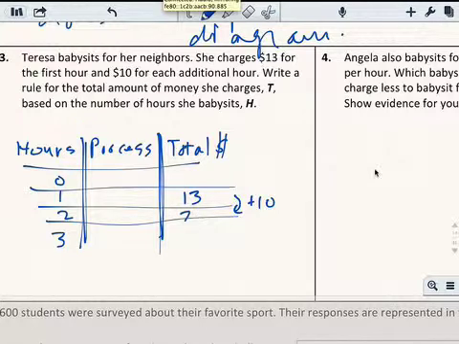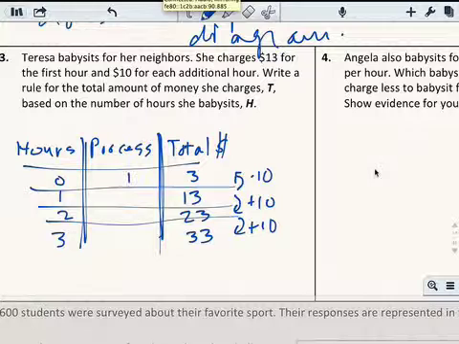So it's going to go up by 10, so it gets her from 13 to 23. Go up 10 more, and it should get her to 33. That means to go back, I have to take away 10, and that should get me back down to 3. So I know that plus 3 has to be a part of my process.